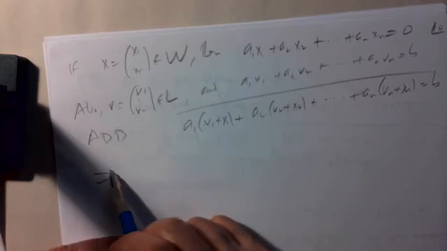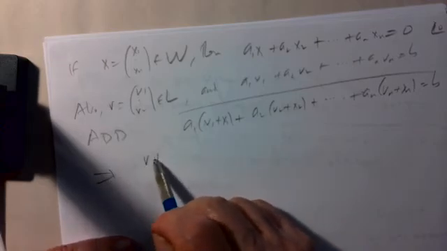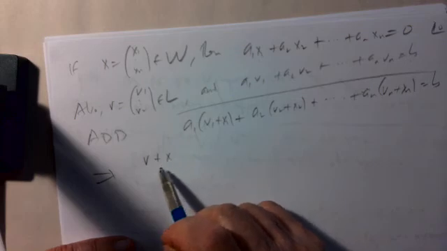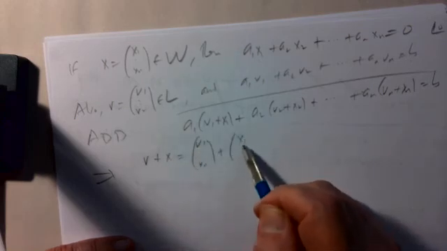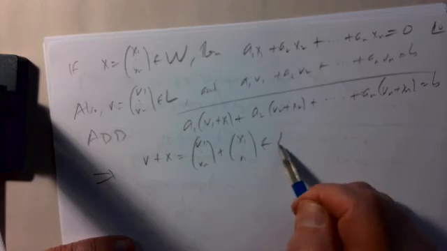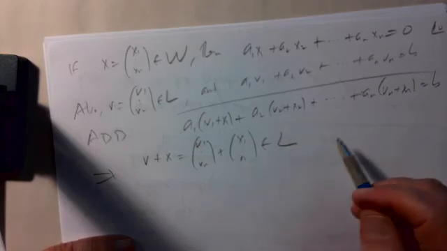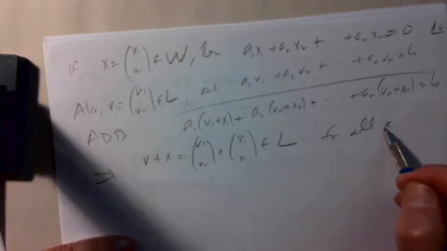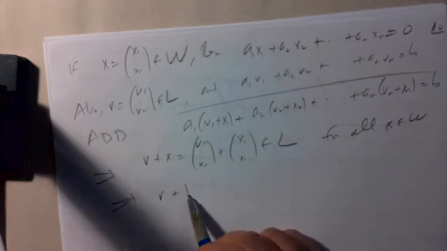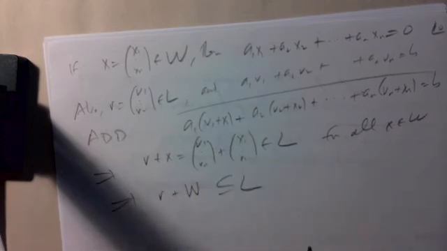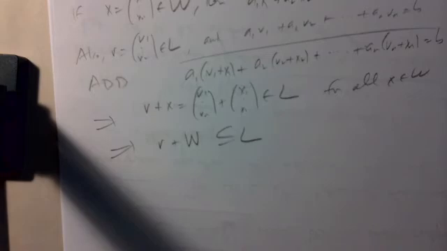In other words, the vector v plus x, that's v1 up to vn plus x1 up to xn, is in L for all x in W, which means the translate v plus W is contained in L.